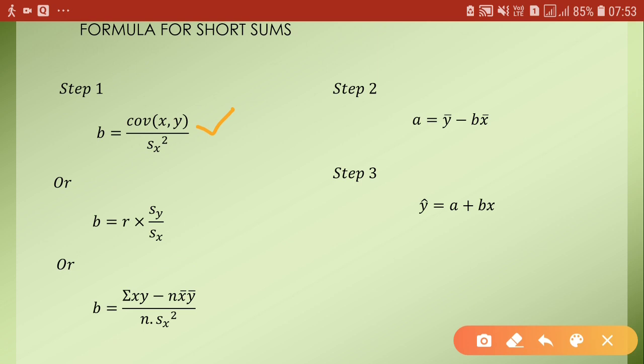This second formula also we have done. The third formula was b is equal to sigma xy minus n into x bar y bar upon n sx square. This third formula we will do in the upcoming lectures.